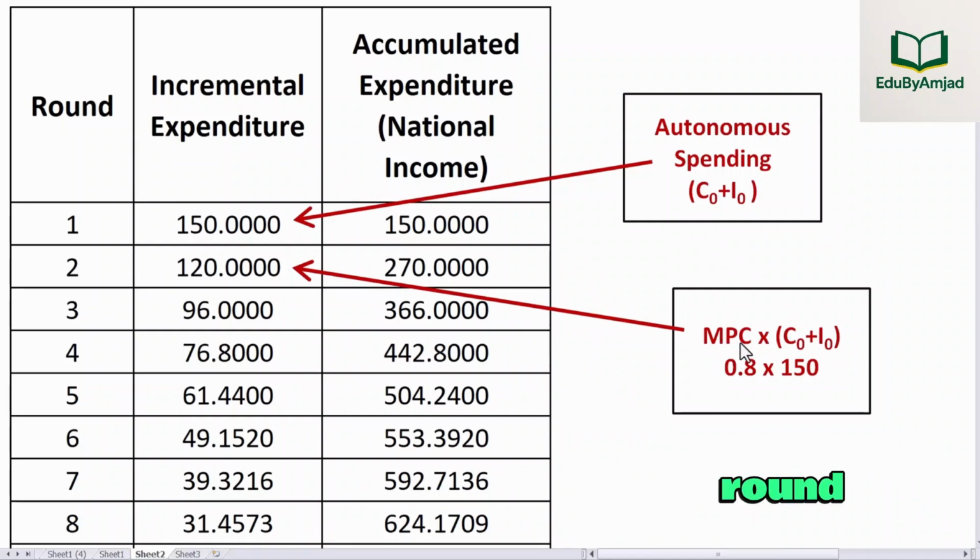In the second round, the value is the MPC, 0.8 times 150, which equals 120. The corresponding value in the third column is the accumulated sum, 150 plus 120 equals 270.